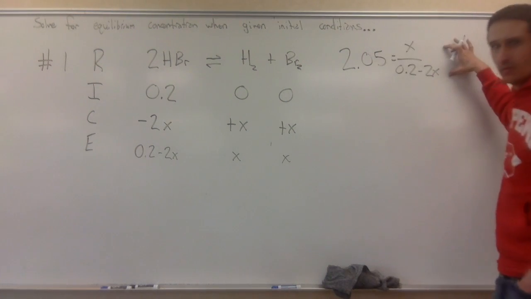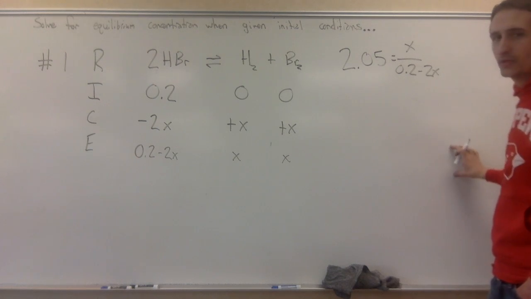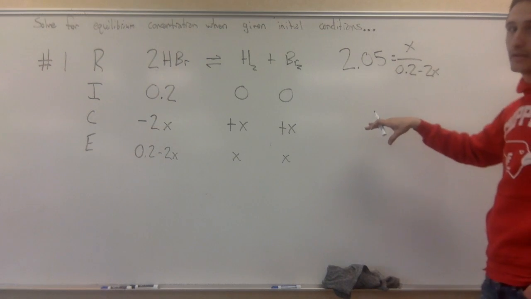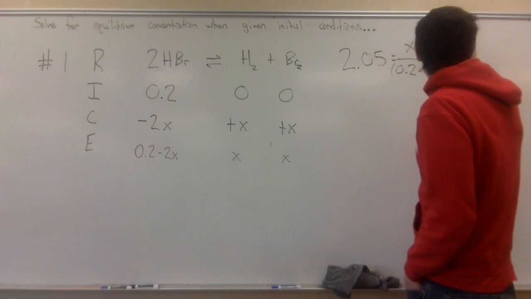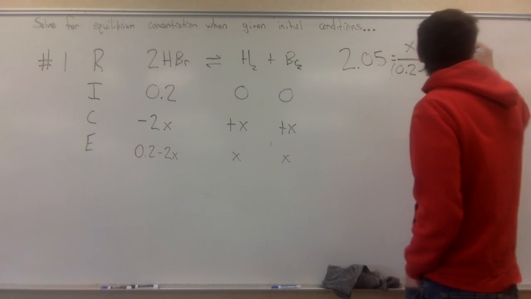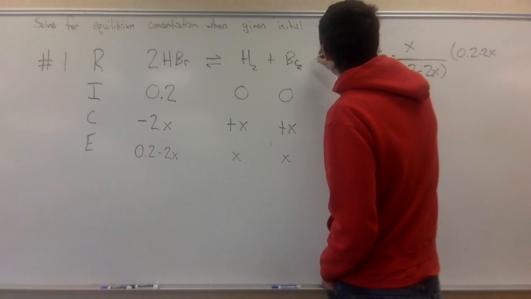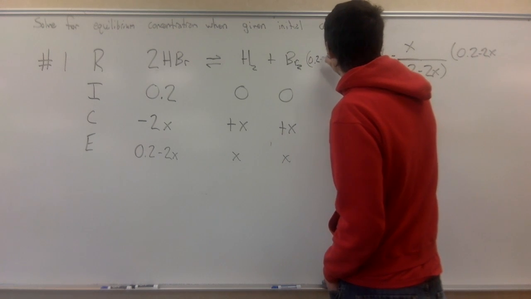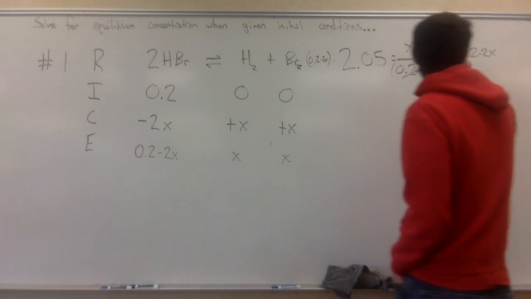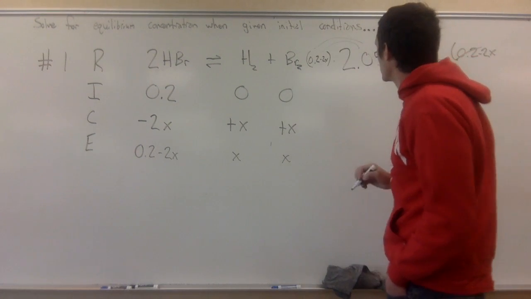Once you get here, like I said, this is really just an algebra problem. So pretend like you're in math class and solve it. I'm going to multiply to get x out of the denominator. Don't forget to distribute. Okay.